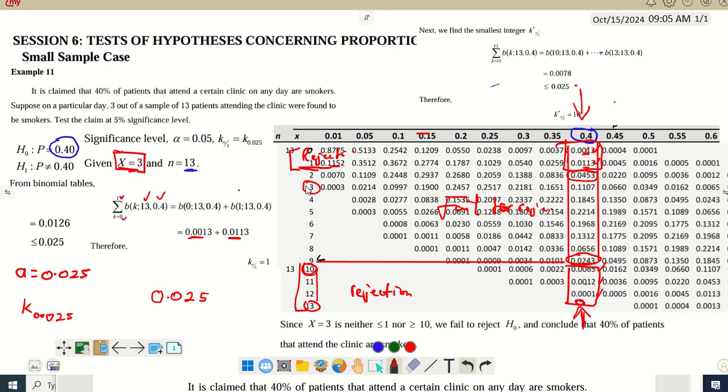But because 3 is neither less than or equal to 1 nor greater than or equal to 10, it means that it is not in the rejection region. Therefore, we fail to reject and conclude that 40% of patients that attend the clinic are smokers. Thank you.